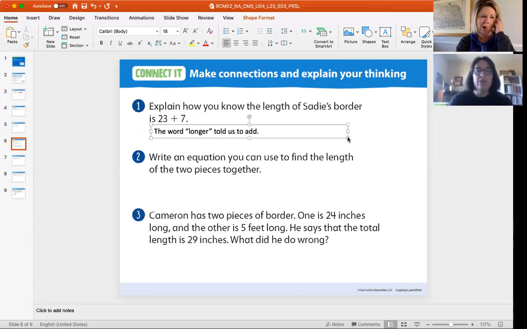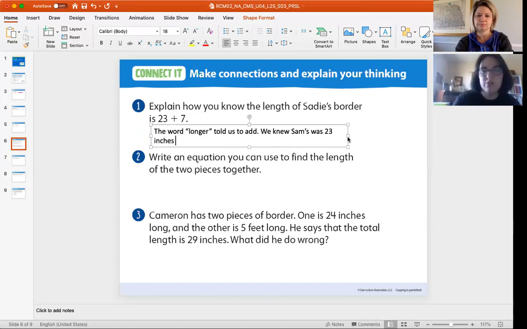So we knew Sam's, which was 23, plus 7 inches longer, which was Sadie's, gets us to the 30 inches, which is what Sadie's is. Okay. I think the key right there is that word longer, right? Yeah. And that's what we needed to fix.